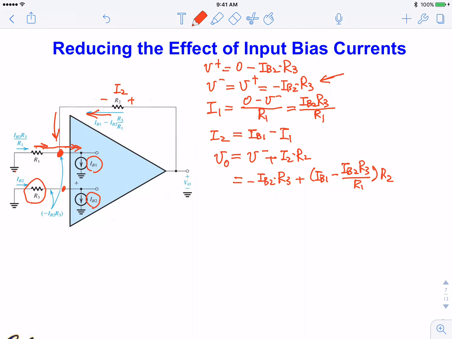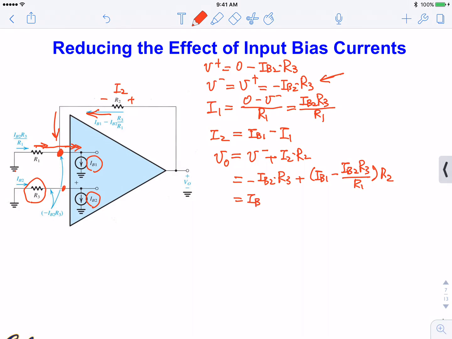Okay. So now it's a little bit of algebra that you have to go through. If we extract IB here, this becomes R2, that's this term here, minus R3 R2 divided by R1 minus R3, okay?